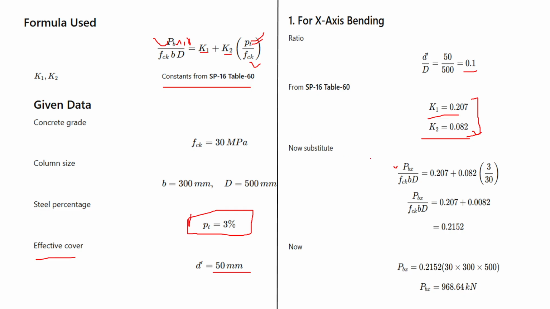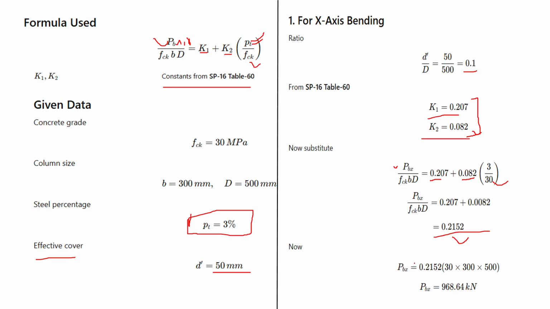Now you just substitute the K1 and K2 values here, and the 3 is the percentage of the steel, and FCK is given as grade 30. So here you just got the PBX.